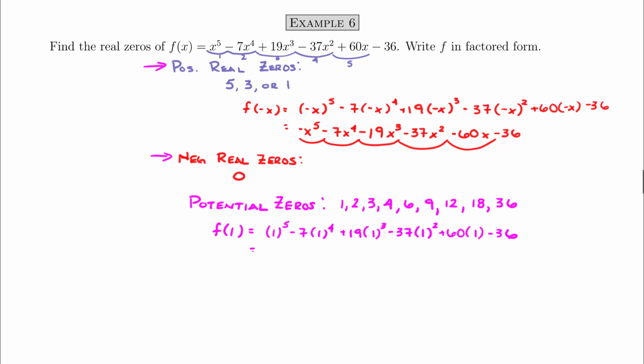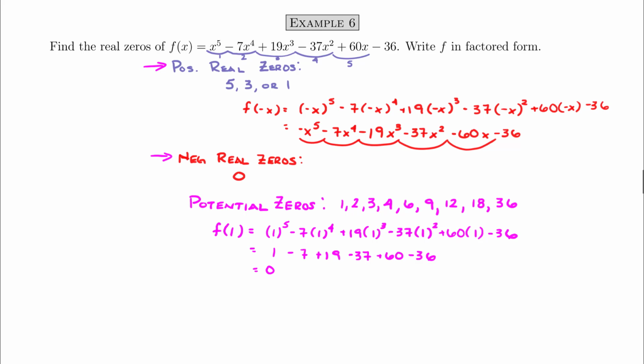All right, and when we evaluate this, 1 minus 7 plus 19. All right, that does equal 0.